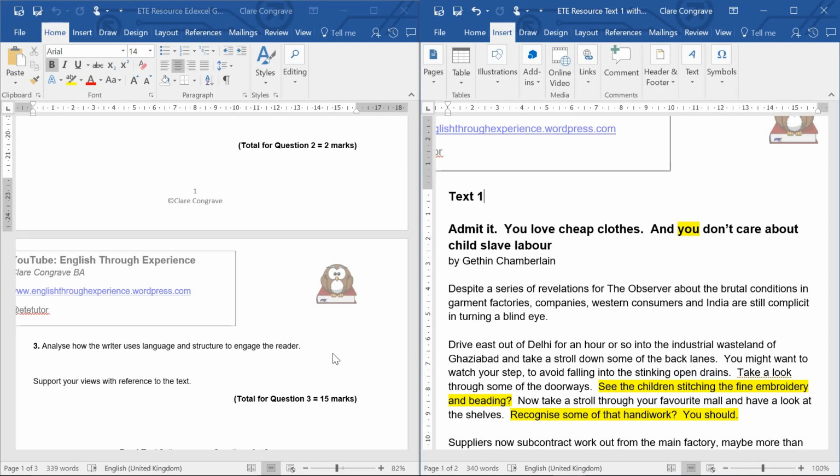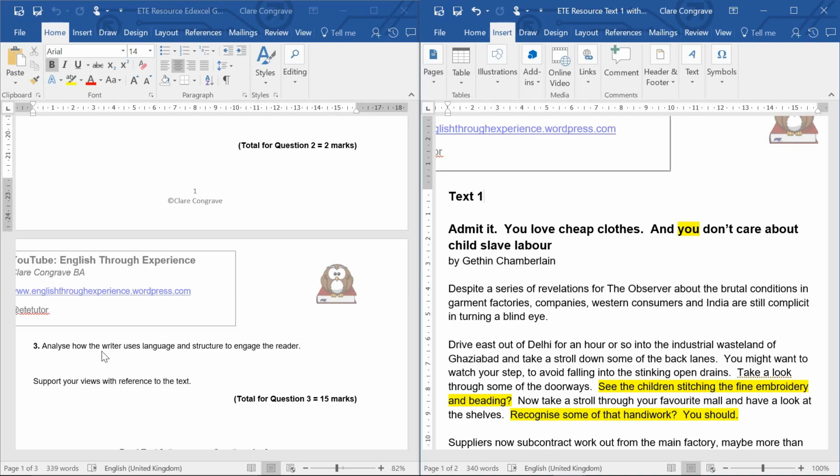Right, so the Edexcel question. Question number 3 is always going to be Analyse. So that straight away gives you the go-ahead to get into a bit more depth this time around and show off all your analytical, your critical skills.